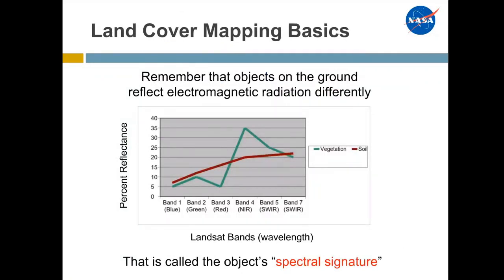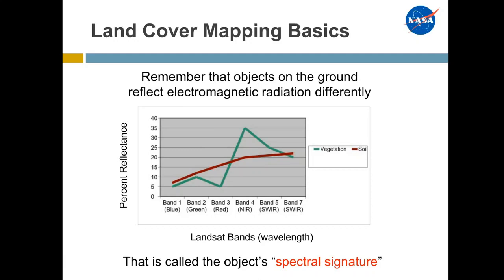In order to understand how image classification works, we need to discuss the spectral signature of objects. As you recall, electromagnetic energy radiates from the sun in different wavelengths. Satellite sensors measure radiation that is either reflected or emitted from objects on the Earth's surface. Those objects reflect radiation differently, as shown in this graph. In the graph, the x-axis represents both wavelength, short to long from left to right, and the corresponding Landsat bands.